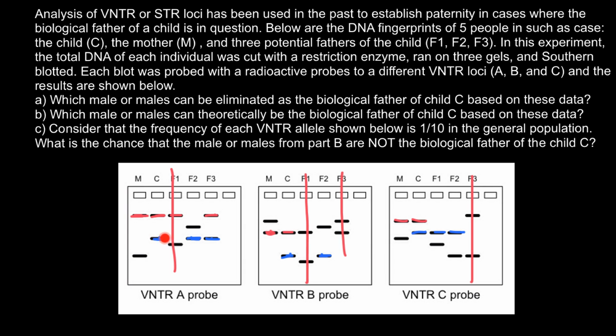So we are looking for the probability that any of the possible fathers would contribute this allele. If we took just a random person from the street, what would be the probability that this person would have this size allele? And one more time, the frequency of this allele would be 1/10.